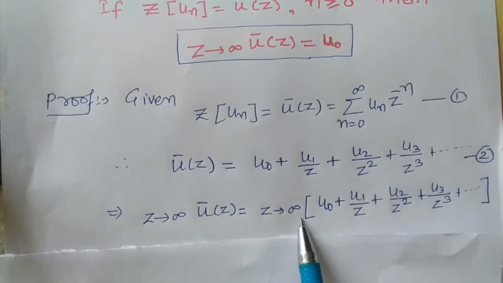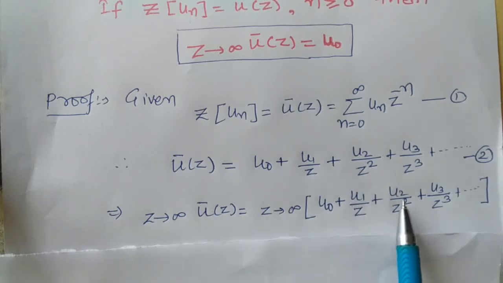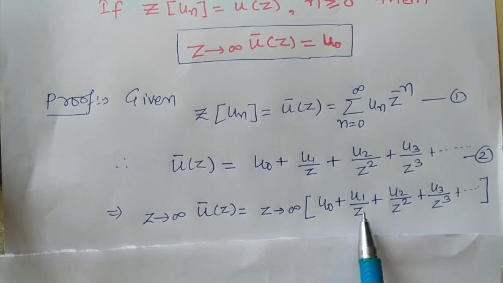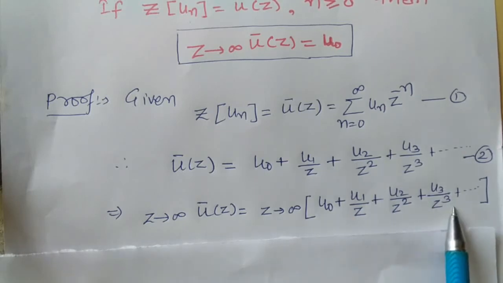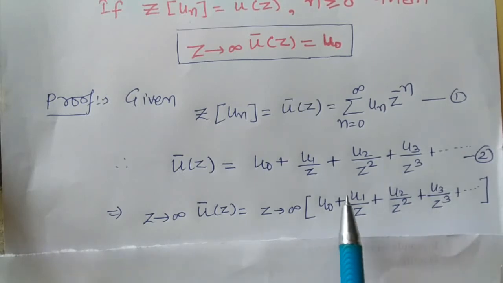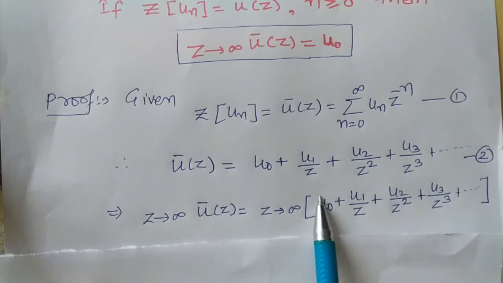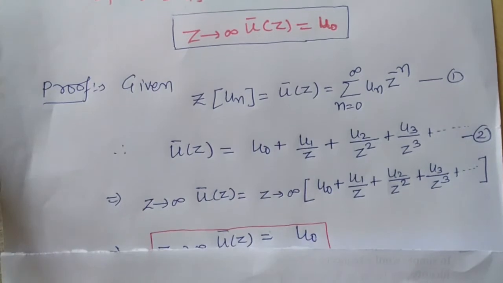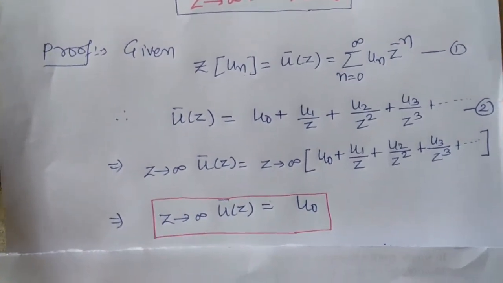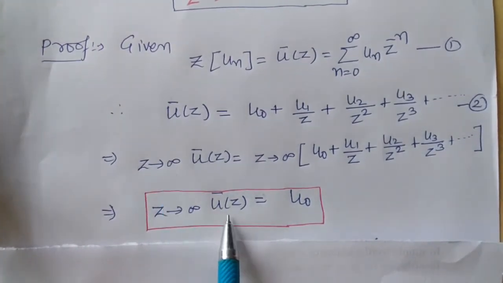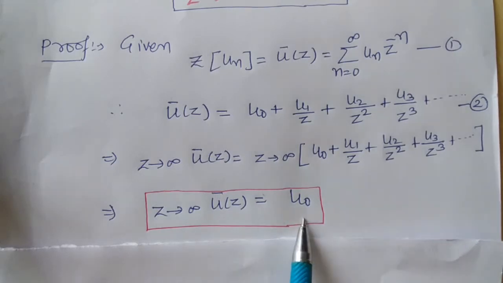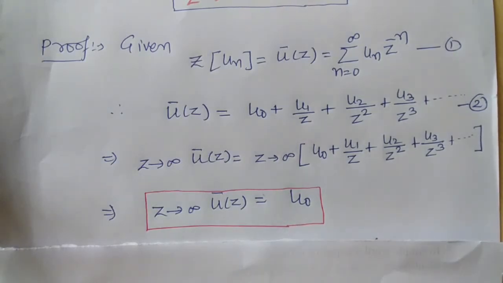Now for z tending to infinity, u1 by infinity, u2 by infinity, all these terms are 0 in case of limit, and we have only u0 on the right hand side. So we get limit z tending to infinity u bar z gives u0, the initial value of the sequence, and this is the initial value theorem.